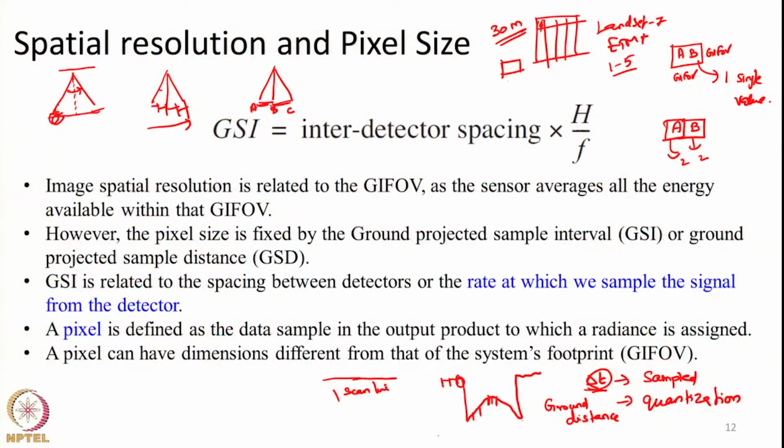So every 30 meters of ground distance we collect one sample, hence the pixel size will be 30 meters. The pixel size is determined by our sampling interval, or the corresponding ground distance covered by the scanner during that sampling interval. This is known as GSD, ground sampling distance, or GSI, ground sampling interval. So GSI refers to the time taken for sampling, in the order of a few microseconds in the case of whisk broom scanners.